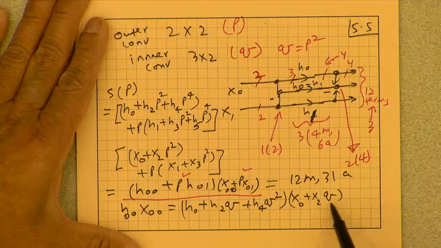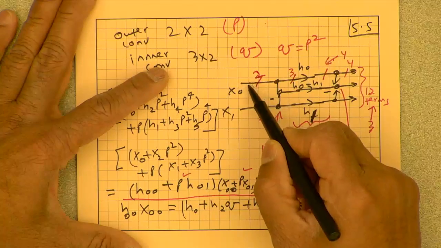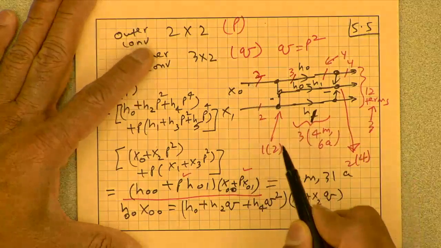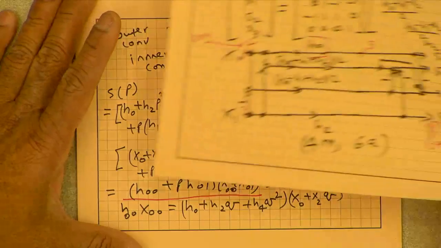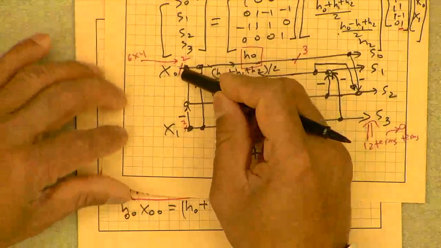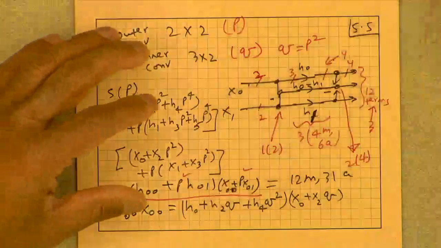What does that mean? That means this is going to contain the even terms x0, x2, and this is going to contain the odd terms x1, x3, as opposed to here x0, x1 and x2, x3. So there is a slight difference.